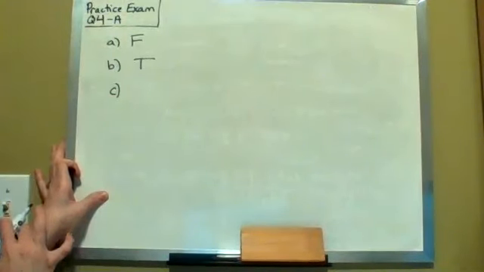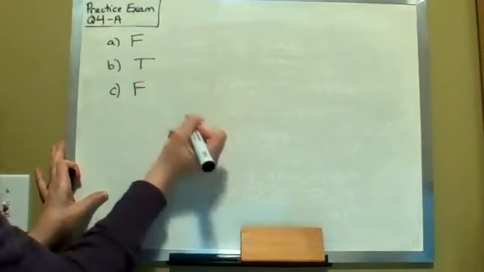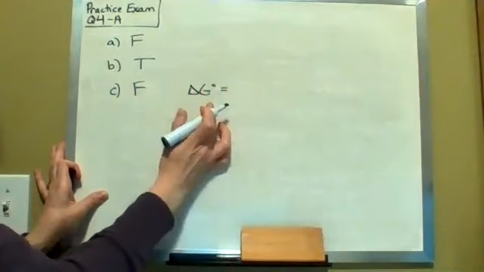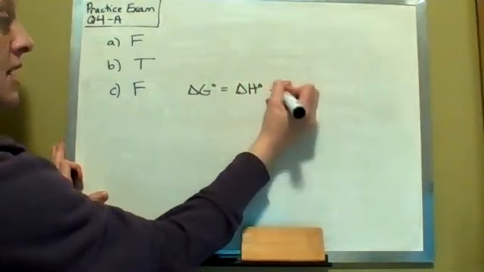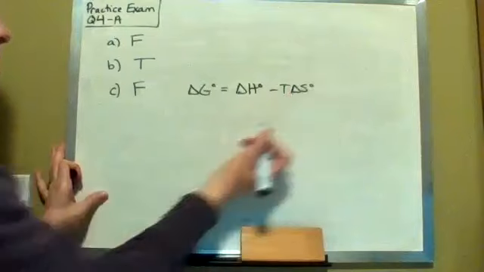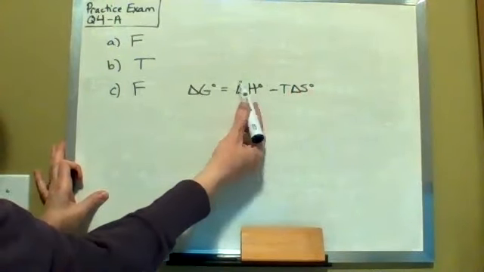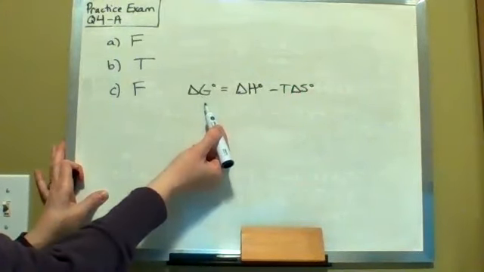C, all spontaneous reactions release heat. No. Remember, your equation for delta G, which is really determining whether something is spontaneous or not, is a sign of delta G equal to H minus T delta S. This is going to determine whether you've released heat or not. But it doesn't matter what the sign of this one is, you can always get a delta G that is negative.